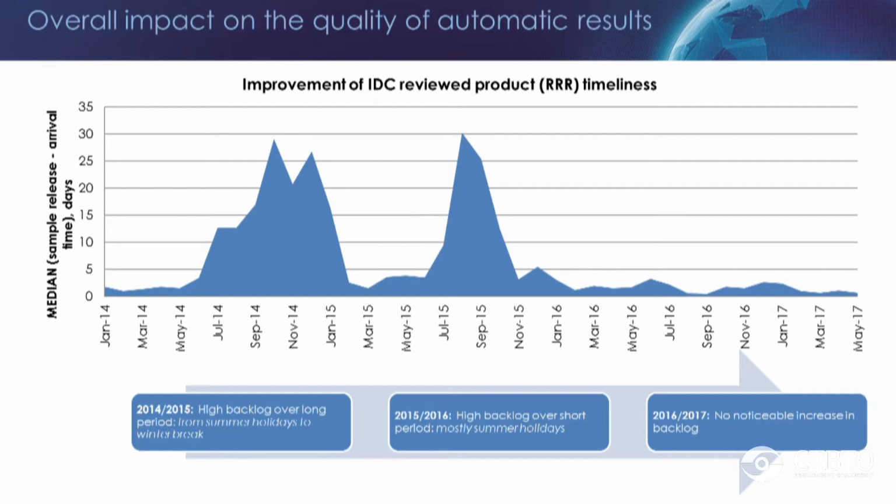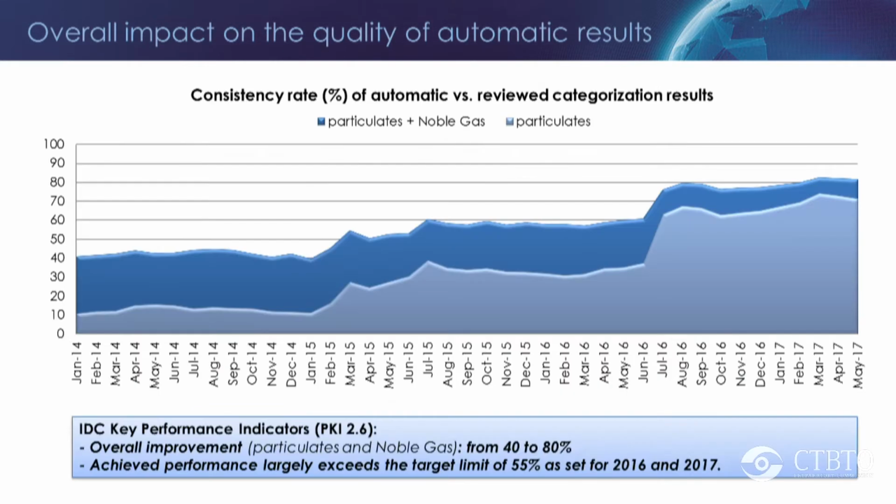Then the situation started improving. This is the peak for summer 2015, where we almost didn't have any backlog over the winter break. And over the last year, we had almost no extra backlog at all.